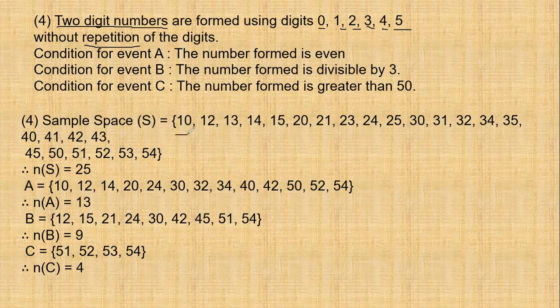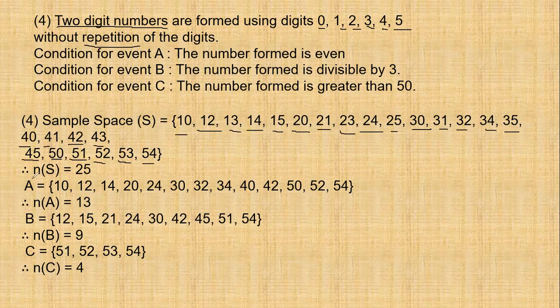So you get 10, 12, 13, 14, 15. Then 20, 21, 23, 24, 25. Then 30, 31, 32, 34, 35. Then 40, 41, 42, 43, 45, then 50, 51, 52, 53, 54.